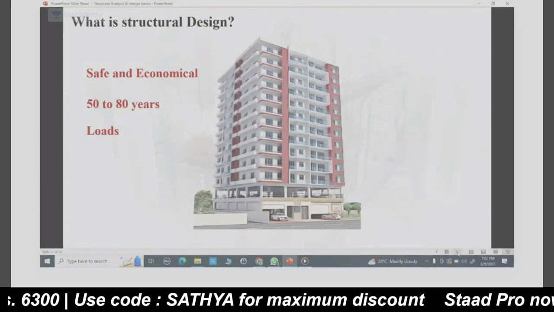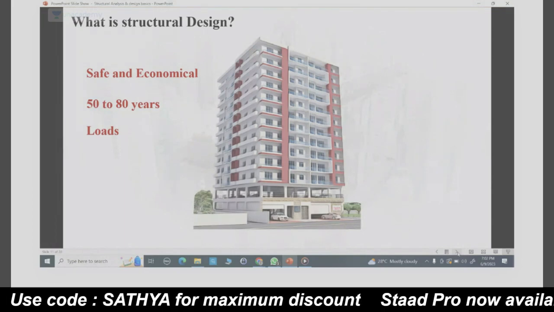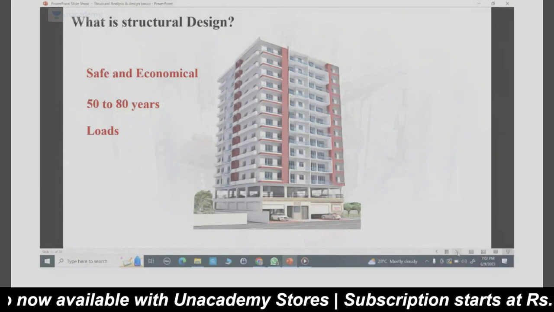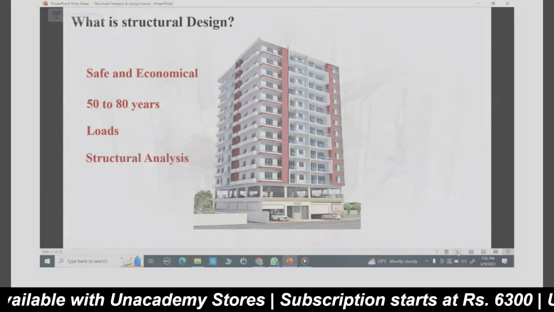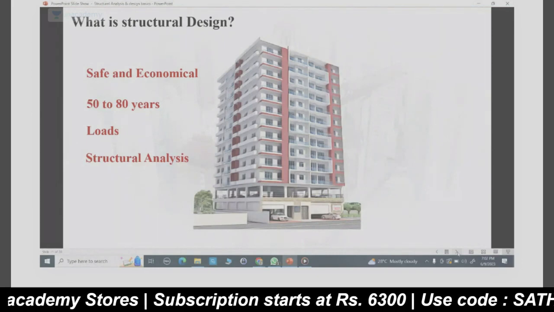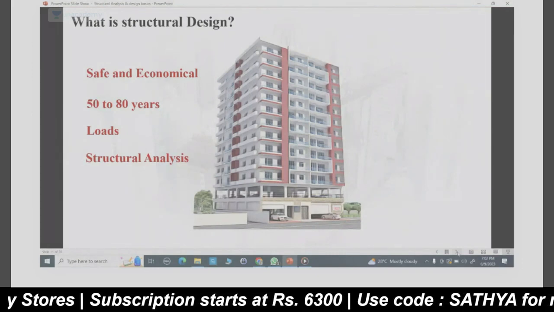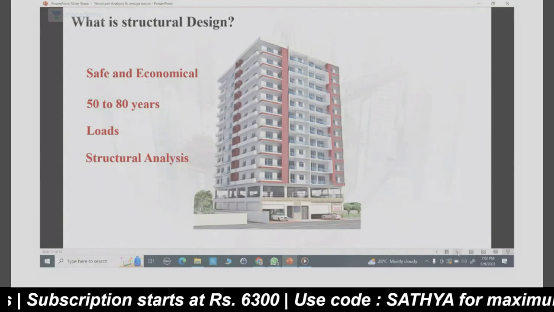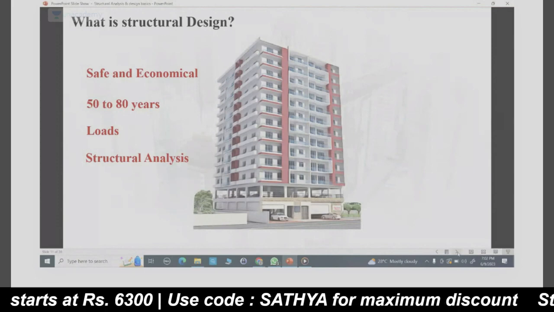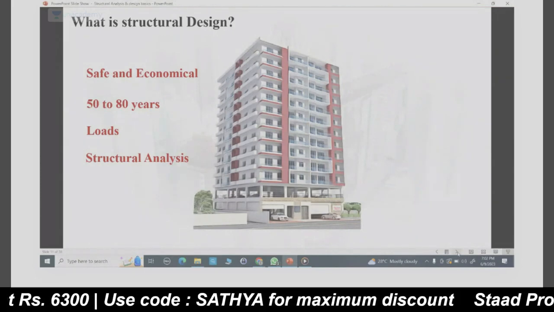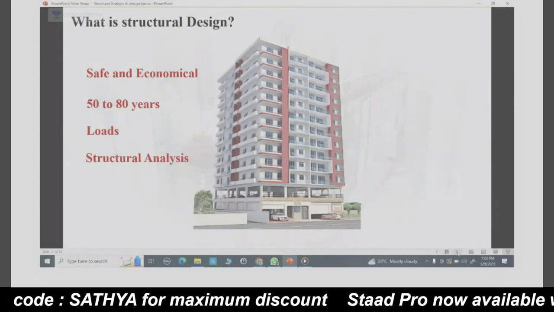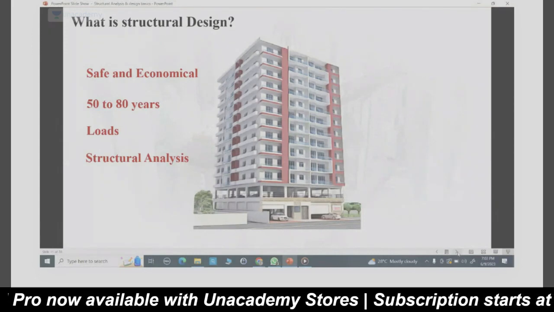When we construct a structure, external loads will be applied on the structure, and due to those external loads, internal forces will be developed in the structure. This is very important. We need to find out those internal forces by analyzing the structure, and using them we need to do the structural design.